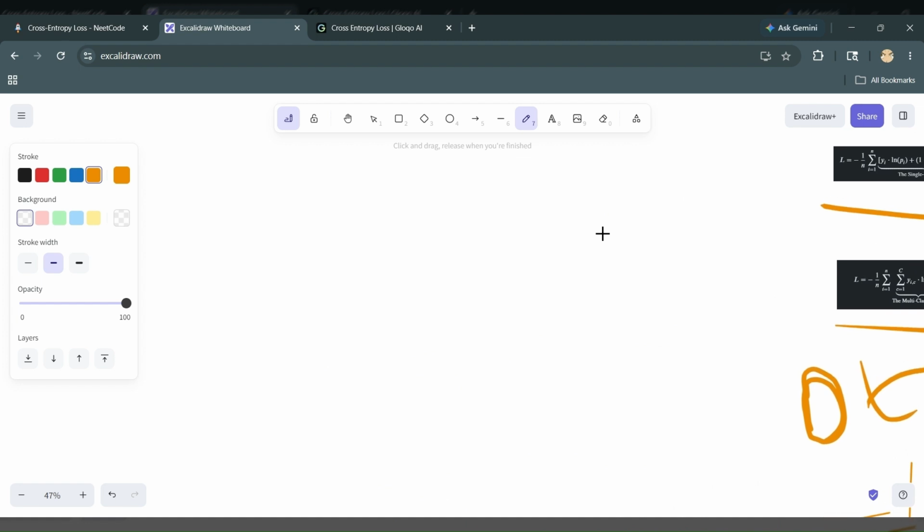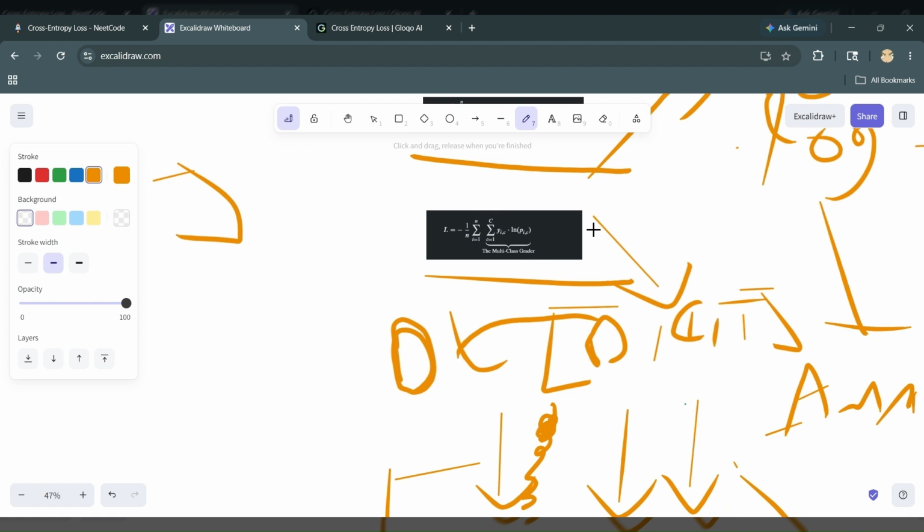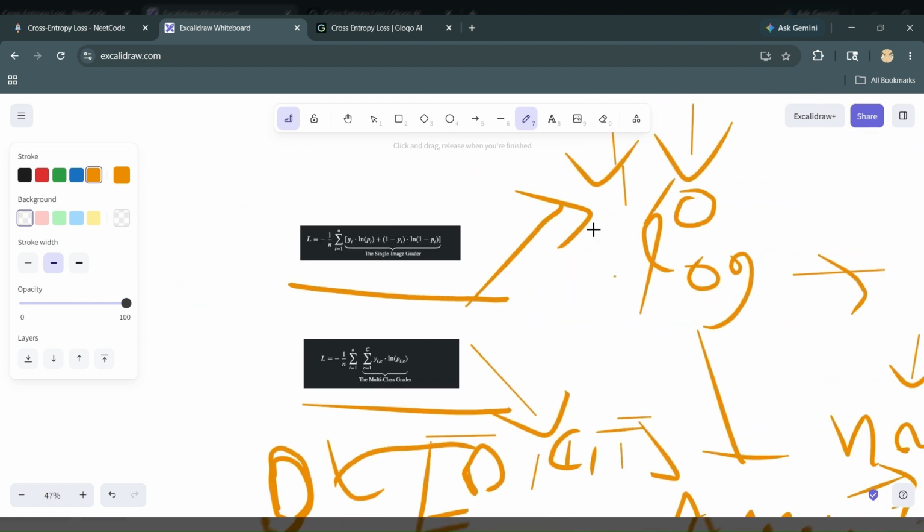And the end goal of these loss formulas is to find the mean and check how good the softmax values we have are. That means how good this array is. And let's see what these formulas are about.